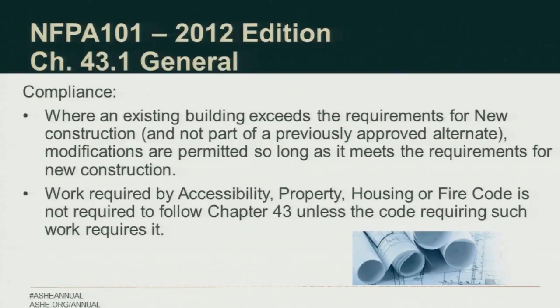Only the accessibility requirements would have to be met, unless you start getting into modifying a lot of square footage. But the AHJ may have a problem with that. But generally, if it's required by another code, it doesn't kick you into this code and trigger other things.